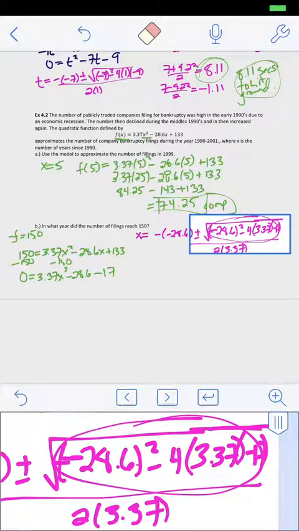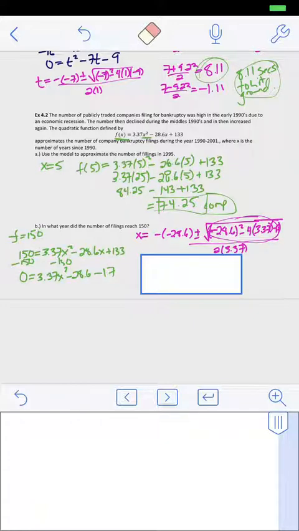Okay, so 28.6 squared, minus 4 times 3.37 times negative 17. It's 32.25. Interesting.